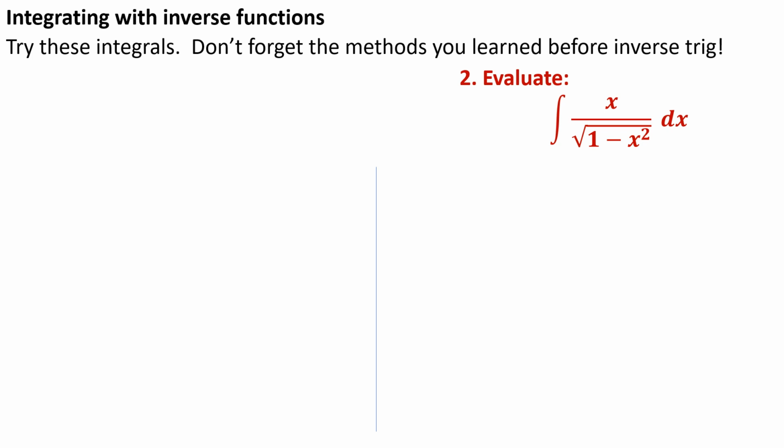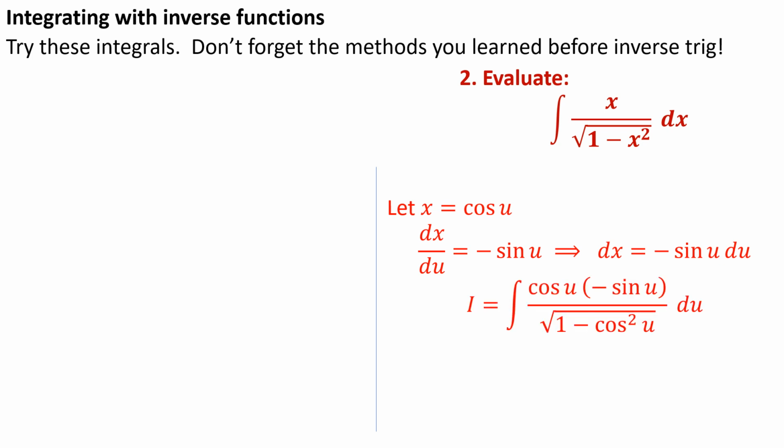But I went straight for the kill with substitution because I know that that type of substitution will, at the very least, tidy up the denominator for me. And if I use x equals cos u, I can differentiate to find a way of getting rid of the dx. I can sub in cos u in place of x, and yeah, part of it cancels out, but not all of it this time, all apart from cos u.